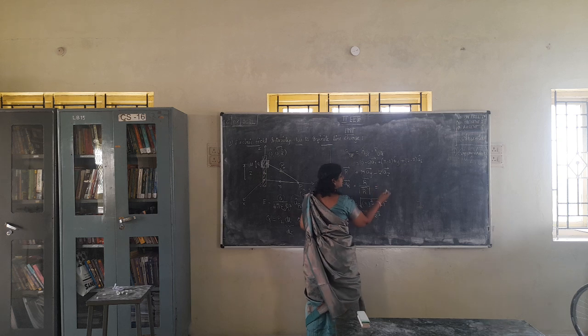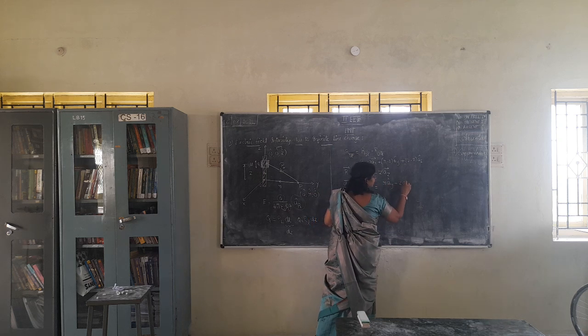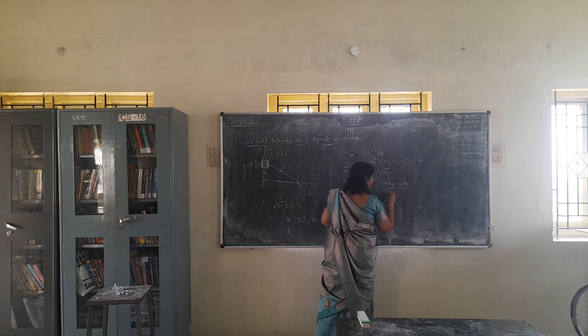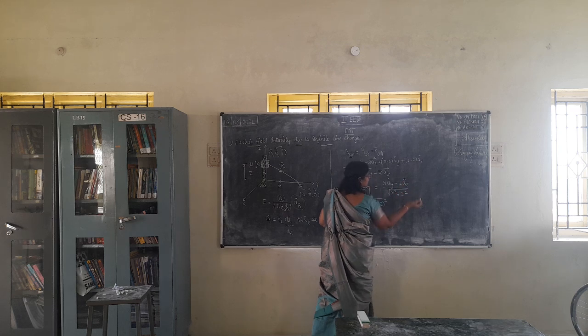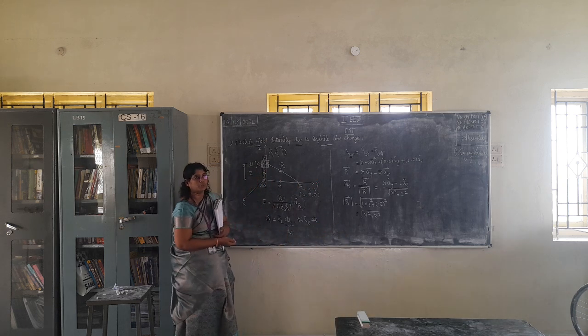Therefore the unit vector is r ay vector minus z az vector divided by root of r square plus z square. After finding all the values, substitute in your E value.